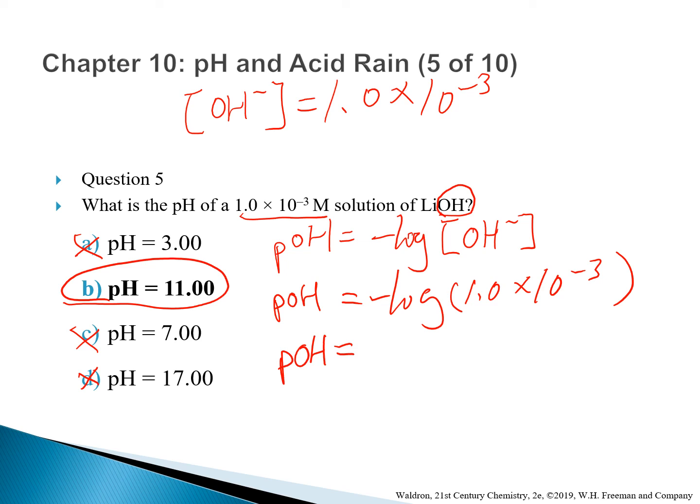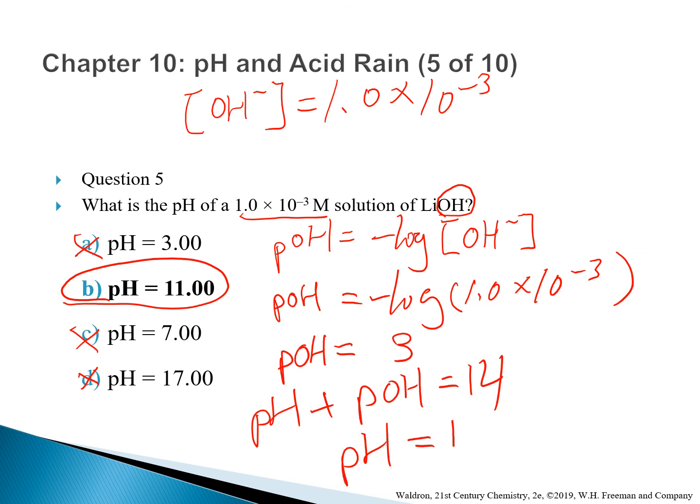So pOH is equal to 3 after you punch this into the calculator. And then we also know that pH plus pOH is equal to 14. So you can solve the pH by 14 minus 3 is equal to 11 for the answer.